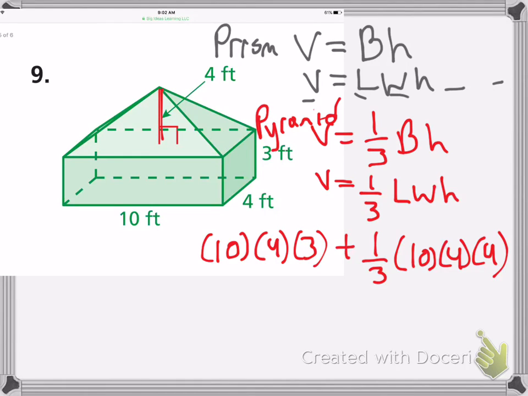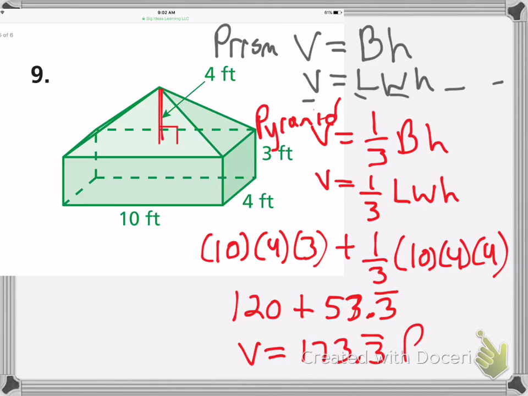That ends up giving me 120 plus 53.3 repeating, which ends up giving me a volume of 173.3 repeating feet cubed. Alright.